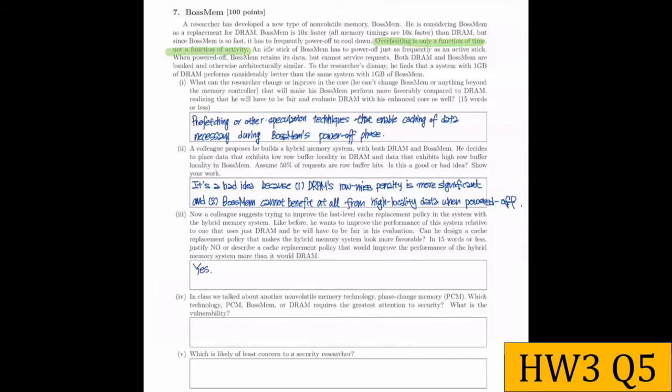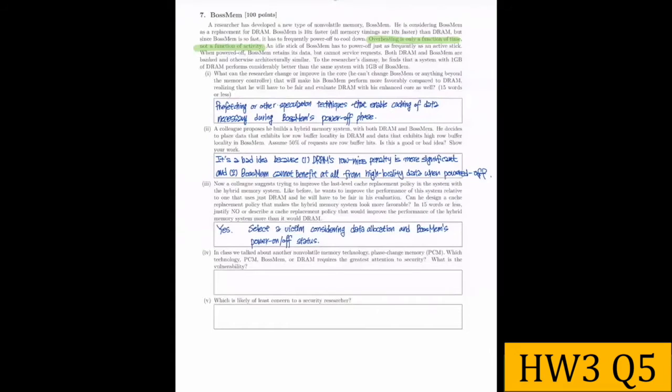And the cache replacement policy should select a victim considering the data allocation, meaning where the victim is stored currently, and the BossMem's power on or off status, right? Okay.